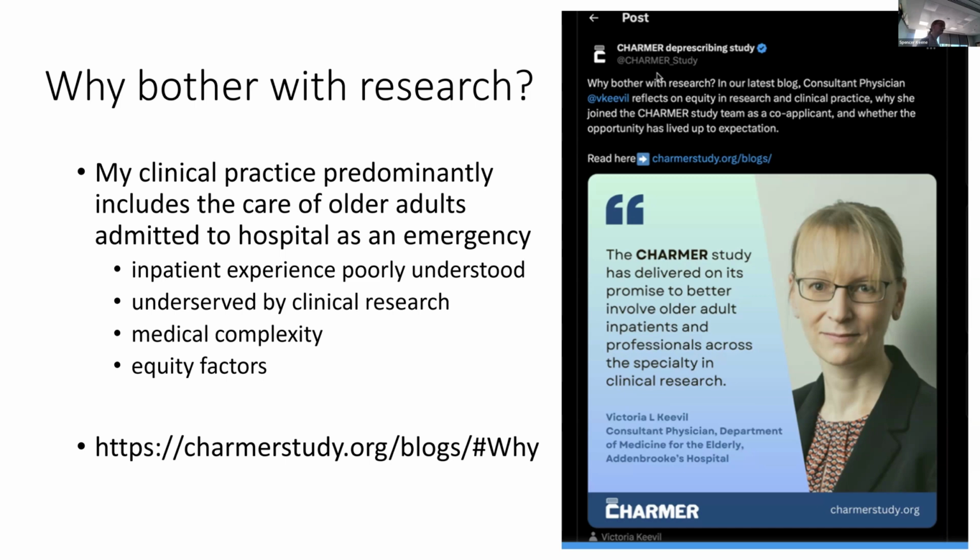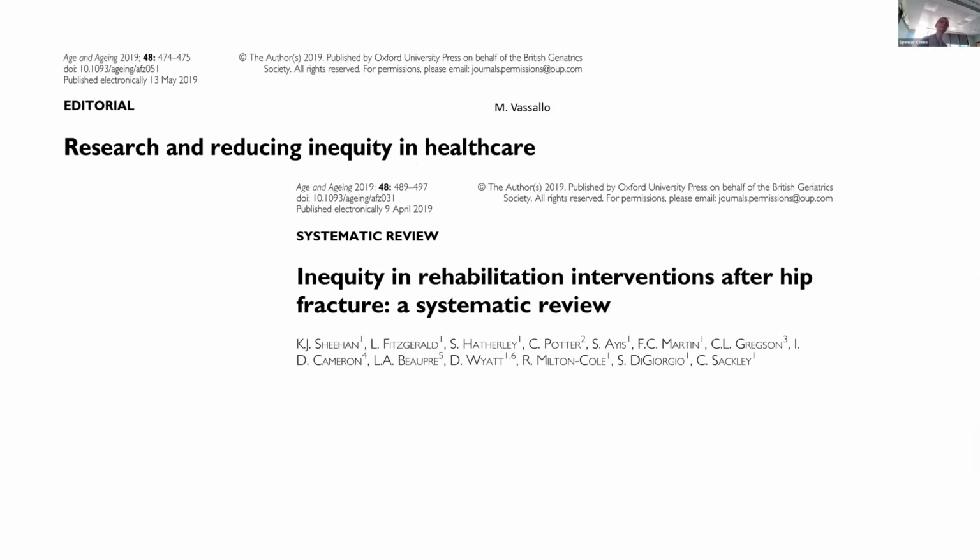But many of the lessons and challenges I describe in the blog are equally applicable to why I'm motivated to do work with electronic health records. So the blog focuses on this editorial in Age and Ageing, which is linking inequity in research to inequity in healthcare.